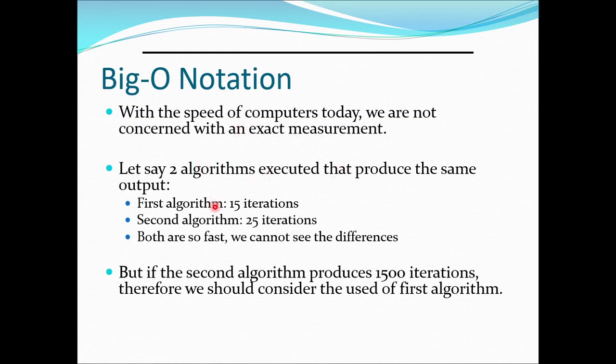What we look at is the result after it is processed. So if the second algorithm produced 1500 iterations, compared to 25, therefore we should consider using the first algorithm.